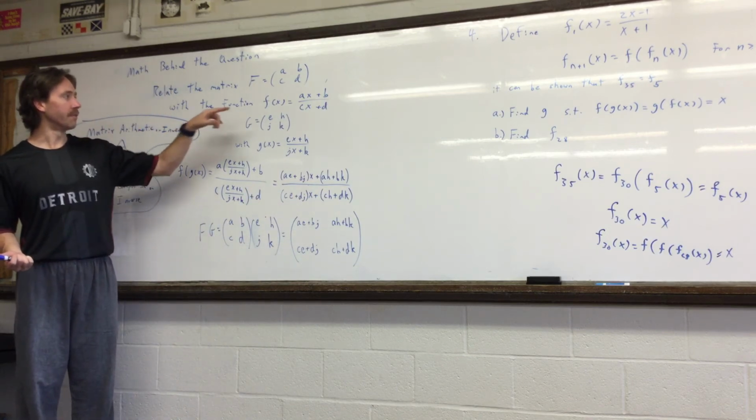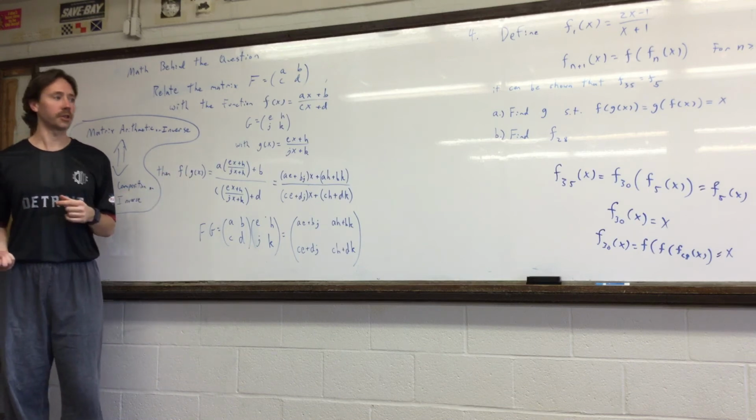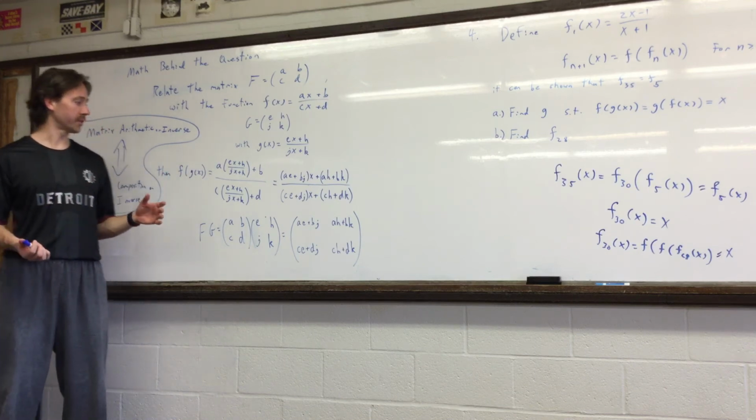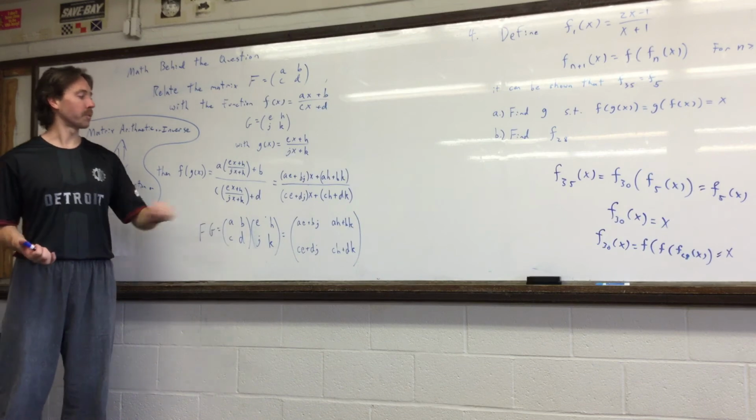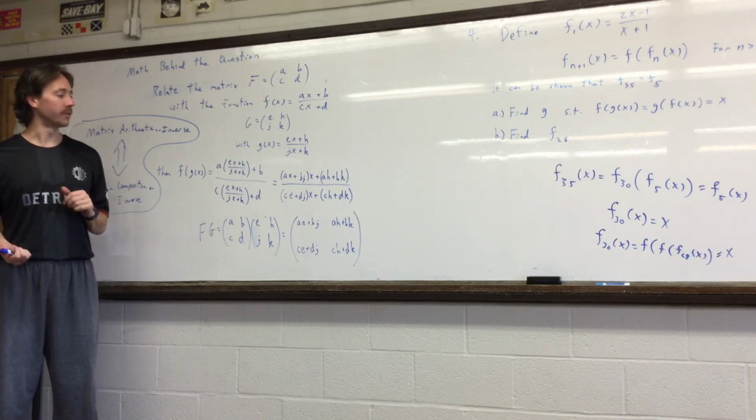So the inverse matrix will help you find the inverse function. And even if they're not an inverse, matrix multiplication will help you to calculate the composition of the functions.